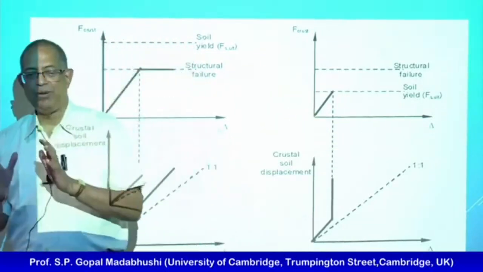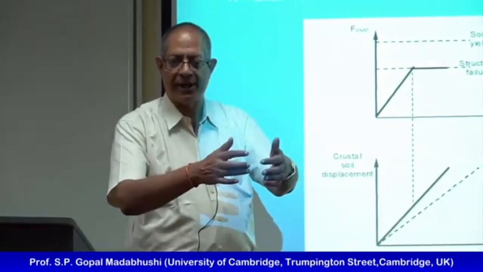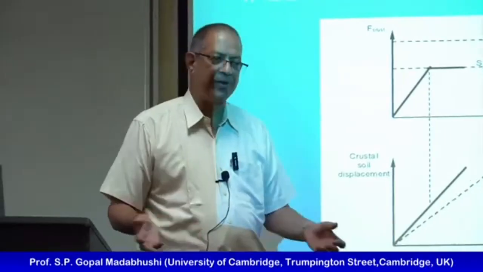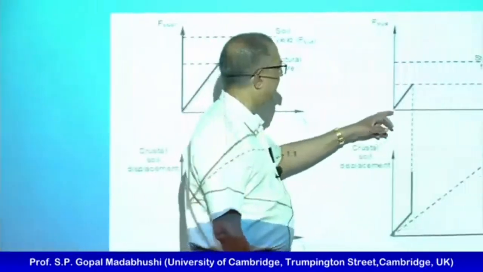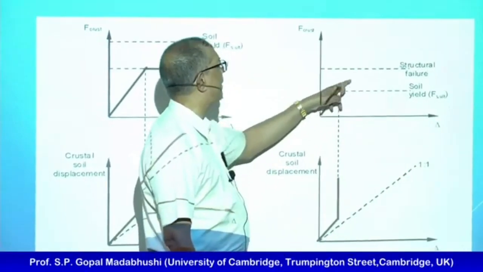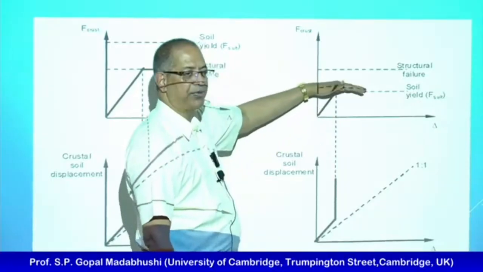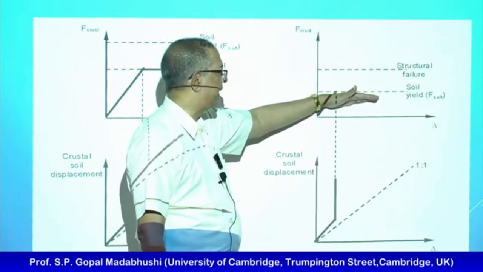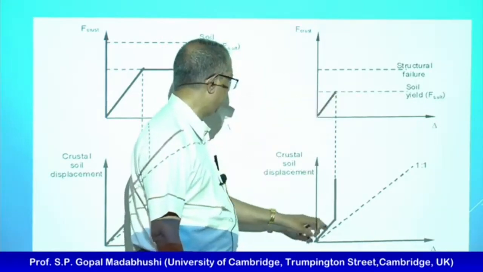So the pile will stay where it wants to, and the soil is going to try and flow past around it, and therefore will apply the full passive pressure, whatever it can. So again, we'll take this linear bit, and it can't go past this because the soil has failed. So this is the limit of what the soil can apply as a force, right? So you stop there and you go down here.